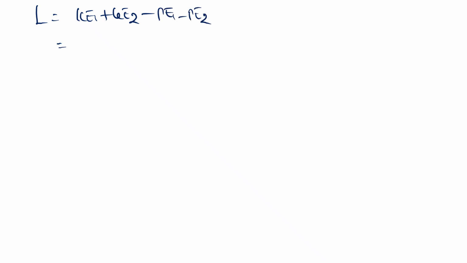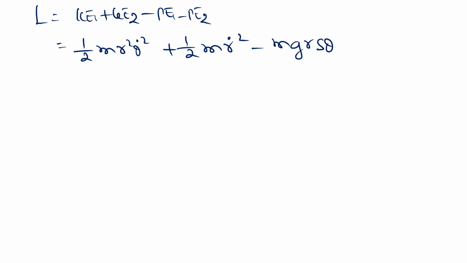KE1 is half m r square theta dot square, plus this one is half m r dot square, minus m g r sine theta, because the link is the same. There is only one potential energy term, so PE2 is 0, as there is only one link. So it is m g r sine theta.